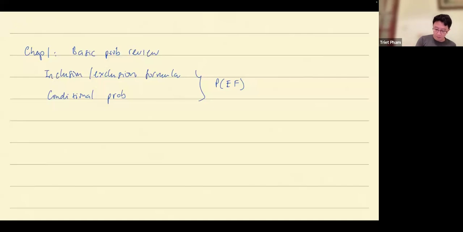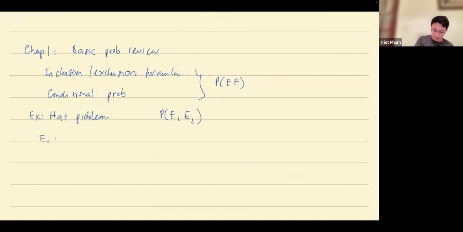But let me just say, for example, in the Hertz problem, we looked at the probability of E_i E_j, where E_i is the event that the ith man gets his right hat.